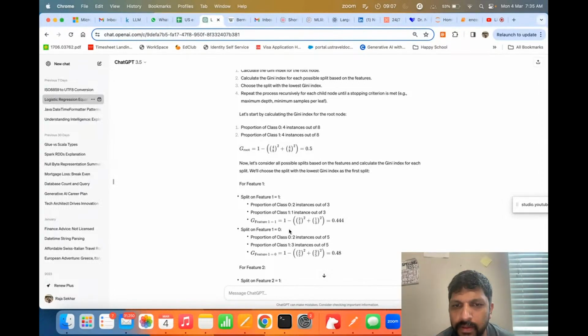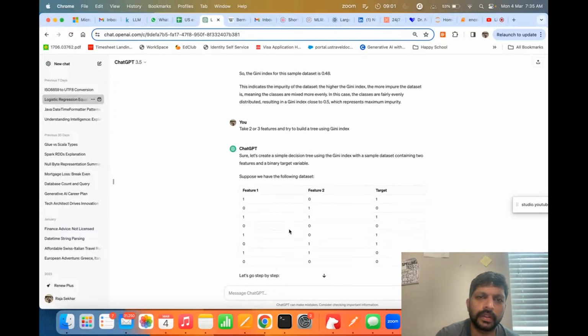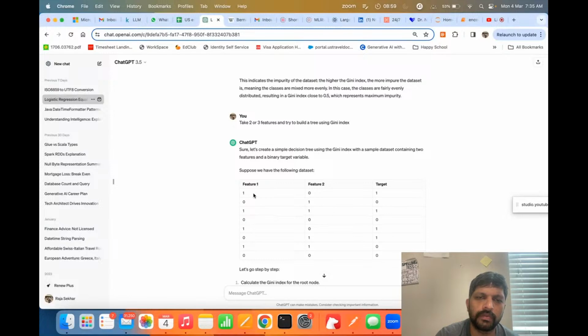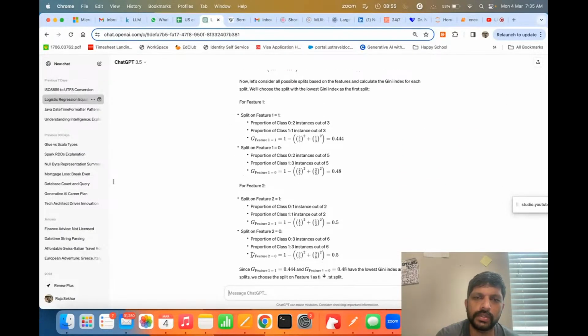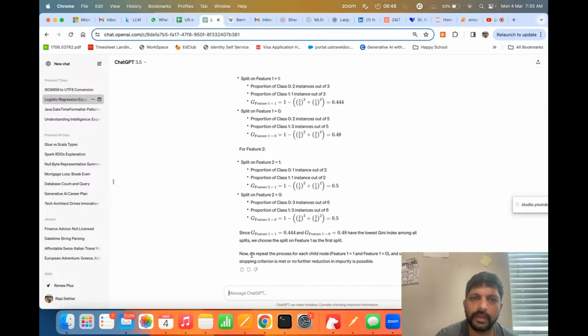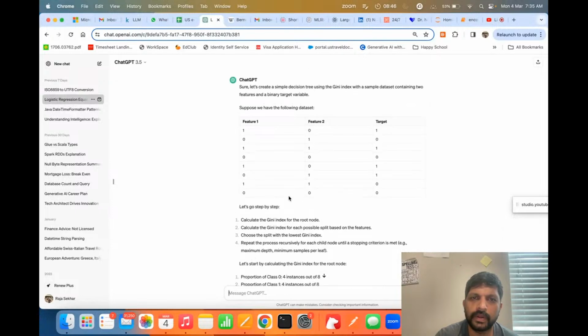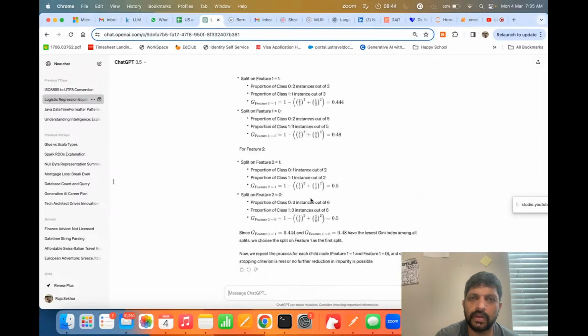So 1 equal to 0 is 3 and 5 split. Okay. Feature 2 is 2 and 6 split. And here also if you see, okay, recalculate the splits.